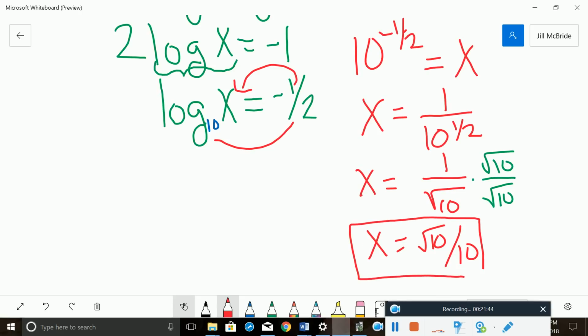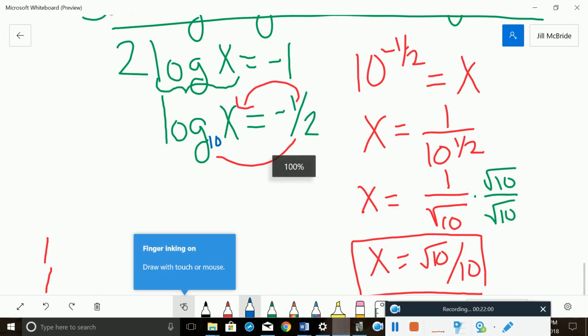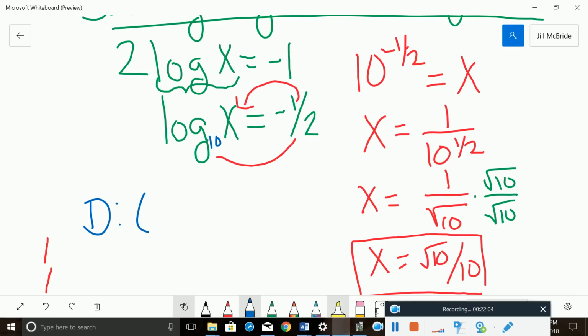Now, when it comes to solving logarithmic equations, remember the domain of our logarithmic equation. The domain of the logarithm is 0 to infinity.